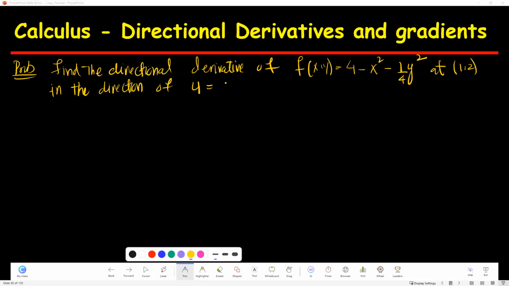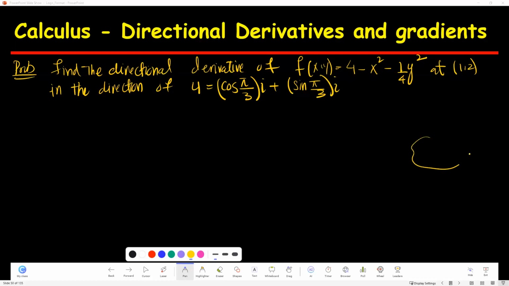Right? And the u vector could be given to you in many different ways in the question. Sometimes they give it in unit vector form, sometimes in vector form, sometimes just an angle, right? Because you only need the direction.